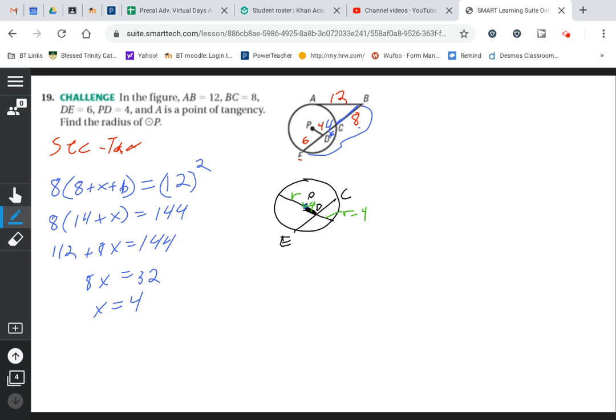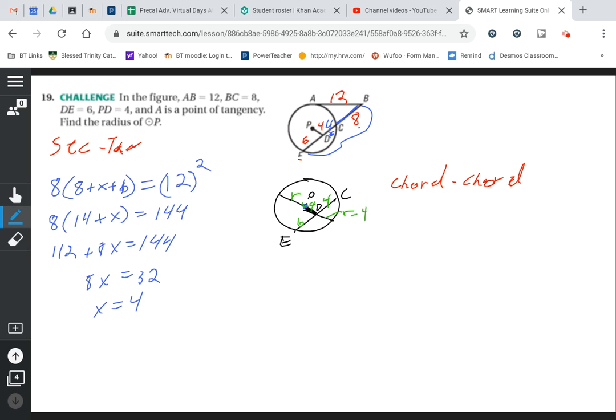And we know that DC here is 4, and we know DE is 6. If you remember from our theorems earlier, this is chord and chord, two chords that intersect. The multiplication of the sections of each chord multiplied together equal each other.